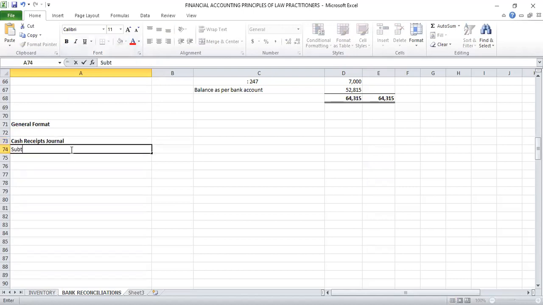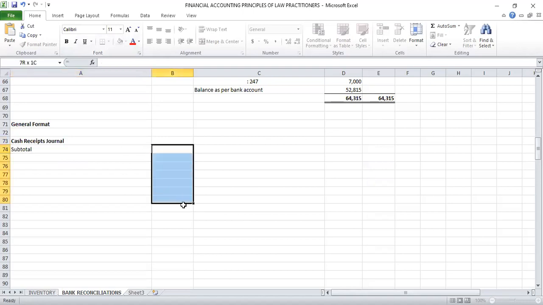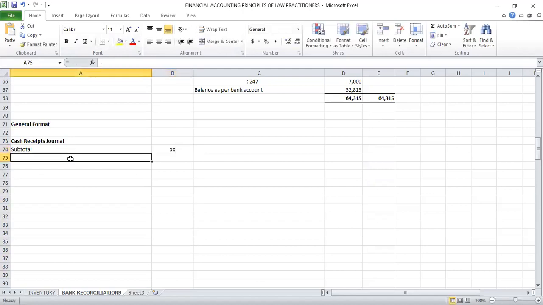Our subtotal is the amount that is in our cash receipts journal before we received the bank statement. So it's the total that we had before we received the bank statement. Then we record all receipts that are on the bank statement, which we had not recorded. So they're supposed to be recorded. All receipts that are on the bank statement, which we had not recorded.